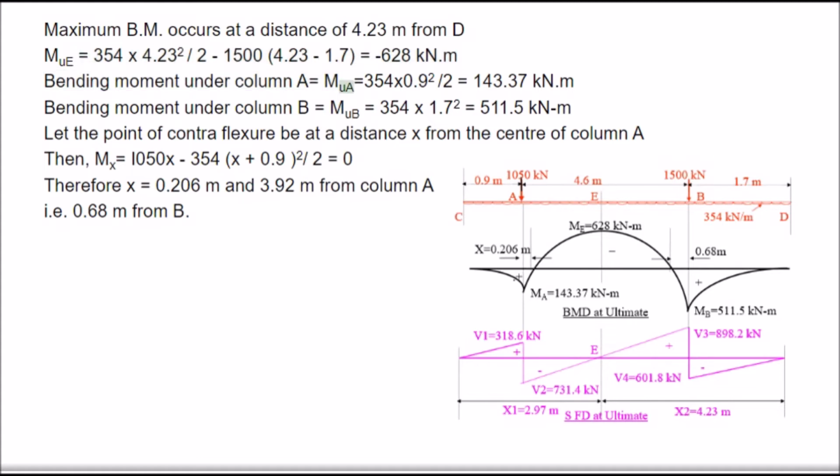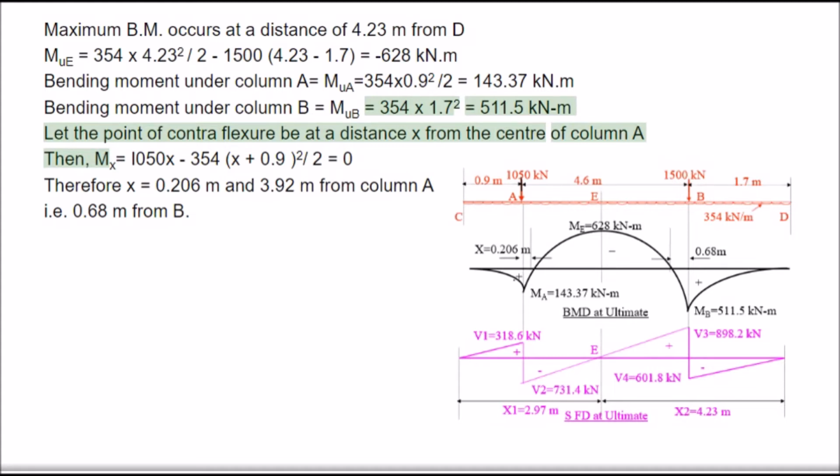Bending moment under column A equals MuA equals 354 x 0.9²/2 equals 143.37 kN.m. Bending moment under column B equals MuB equals 354 x 1.7²/2 equals 511.5 kN.m.